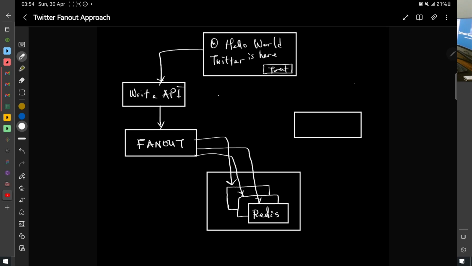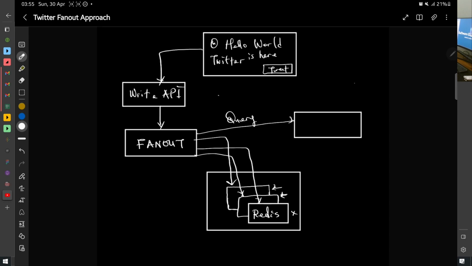And the reason why this is done is to actually ensure high availability. So even if your tweet is lost in this particular Redis cluster due to, say, the failure of that particular instance, Twitter is still able to fetch your tweet from other instance of this Redis cluster, right?